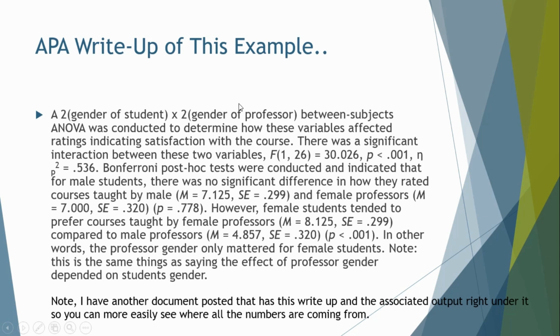But in that document, here's the APA write-up, and you have the numbers highlighted, and you also have those numbers highlighted in the actual output, so you can see what's going on. Basically, we only report the F for the interaction because that was the only one that was significant. And then we break down that interaction with the post hocs.